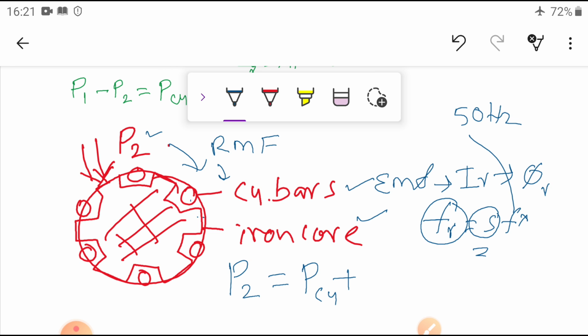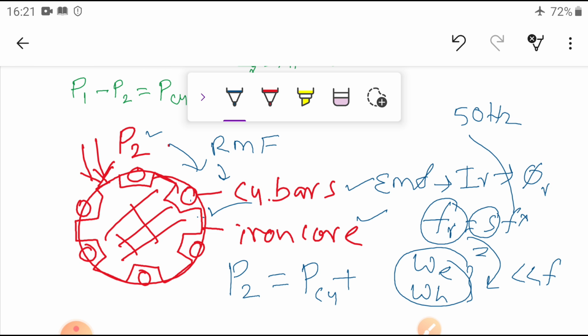The iron losses, that is eddy current losses and hysteresis losses, depend upon this frequency value.